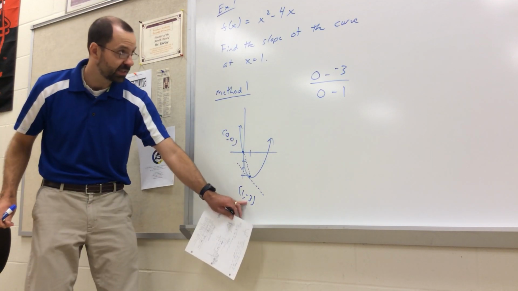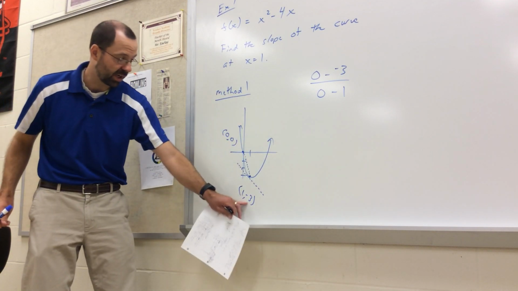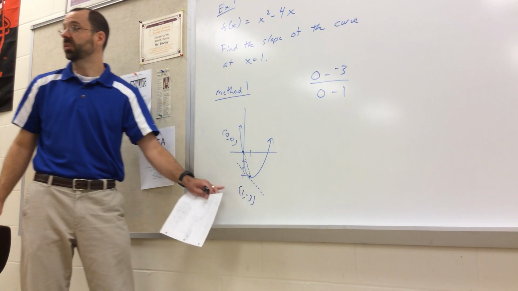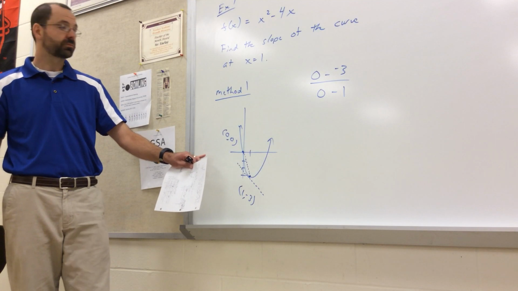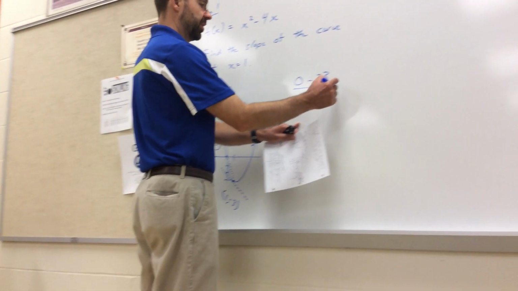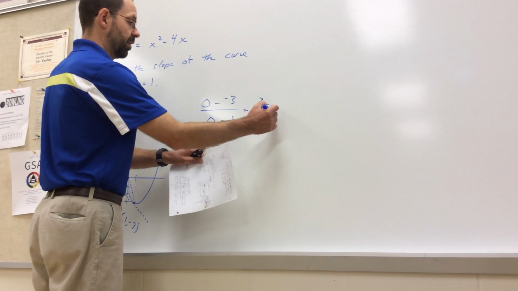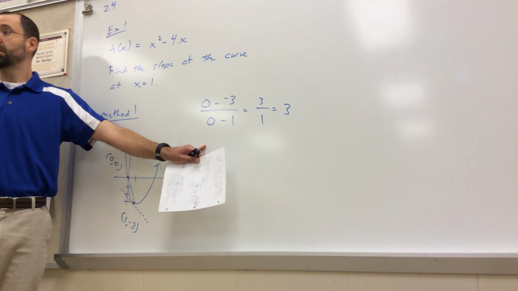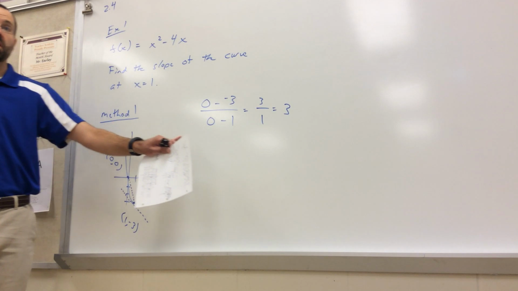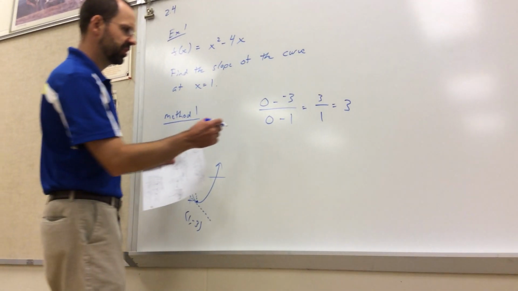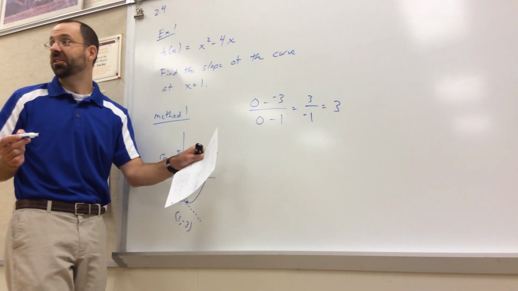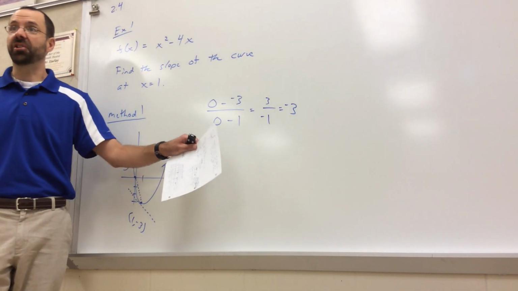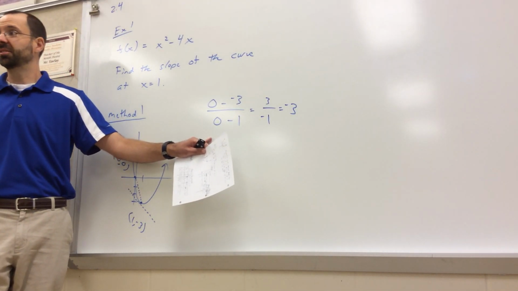I'm just taking y2 minus y1 over x2 minus x1, just finding the slope between those 2 points. Okay, so that comes out to 3 over... 0 minus 1 is -1. And then 3 divided by -1 is -3. Good. Everybody good now? Thanks, Amy.